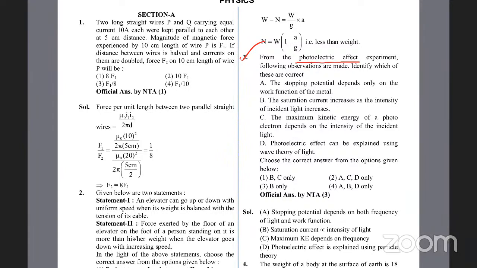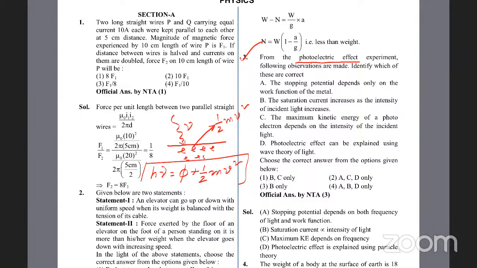As you know, whenever light of a certain frequency nu is incident on a photometal, the electrons are emitted with a kinetic energy half mv square. If you apply the law of conservation of energy, the energy of the incident photon is equal to the energy required to remove the electron from the metal surface, generally called the work function, plus the remaining energy, half mv square.